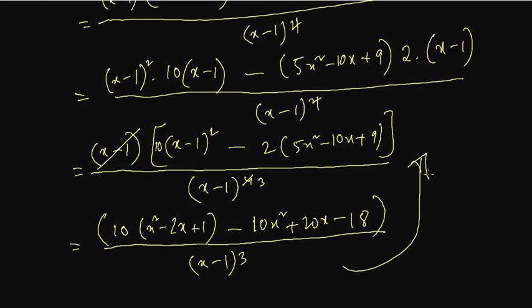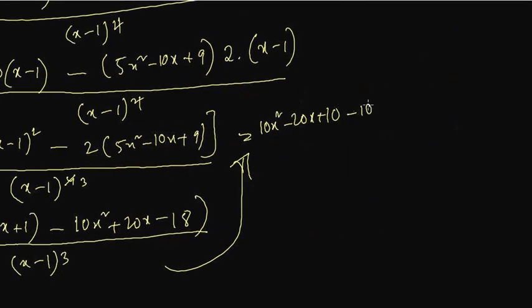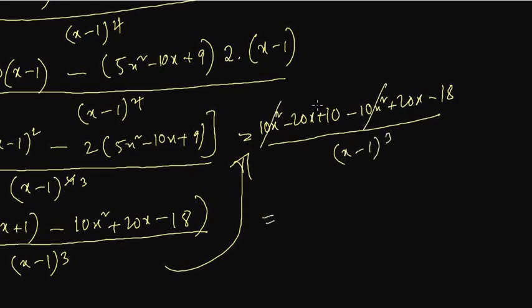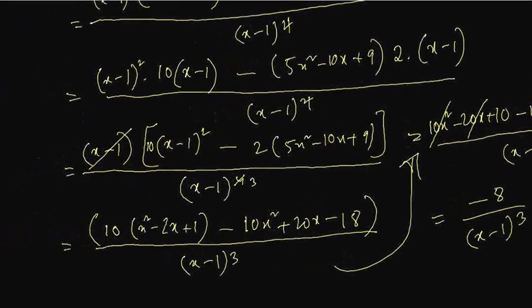So what we get here is 10x squared minus 20x plus 10, and what we get here is minus 10x squared plus 20x minus 18, divided by (x minus 1) whole cubed. Now this thing and this thing cancel, this will be 10 minus 18, which is minus 8, divided by (x minus 1) whole cubed. This is the simplest form, and I believe they asked for the answer in a specific format.